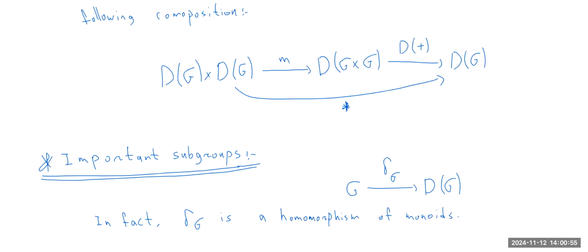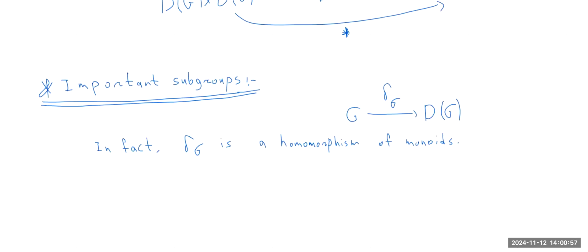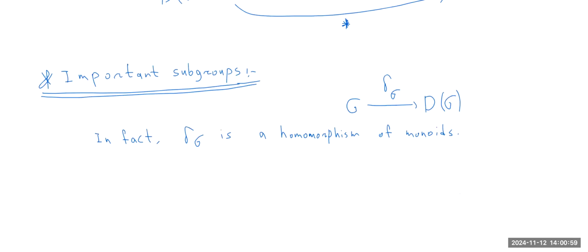So we can get the image of delta G, which gives us deterministic distributions. Not simplicial distributions, just distributions.